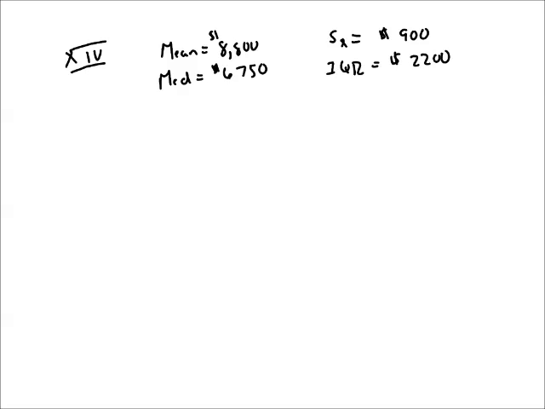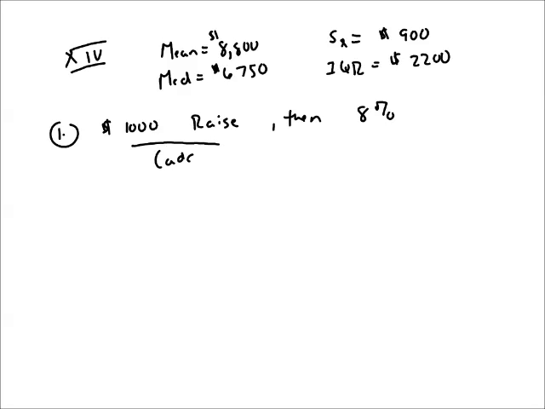So what do we do? Let's take a look at number 1. Everyone received a $1,000 a month raise, then an 8% raise. The first thing we do is the $1,000 raise. That's adding, and when we add, we only change measures of center.